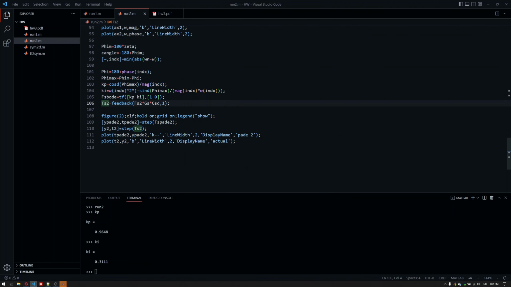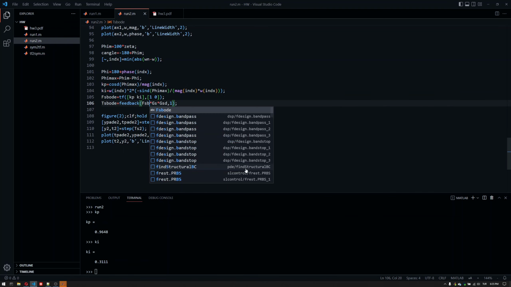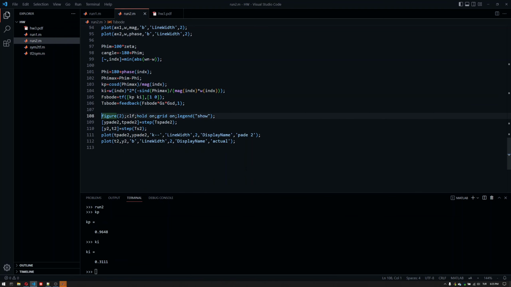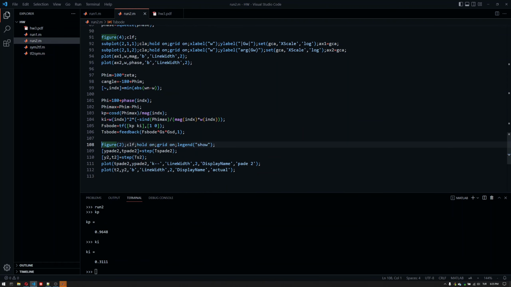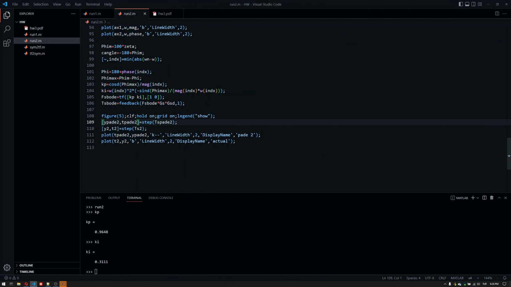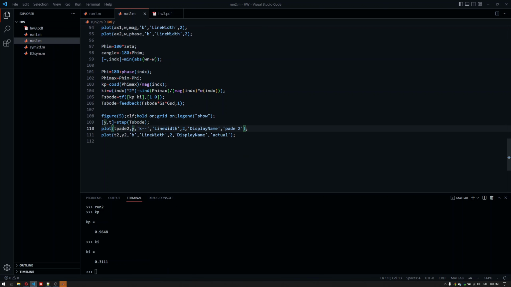So ts body is going to use fs body, and what is going to be the figure? Figure 5 in our case. And going to use y and t, ts body, y, t.